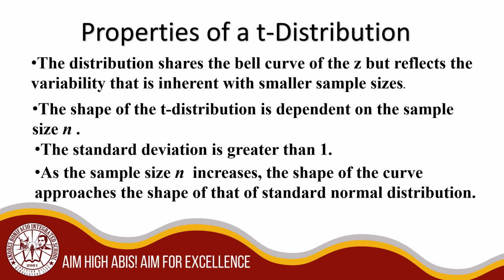So pag lumalapit na siya sa 30, yung shape ng curve ng isang t-distribution ay nagiging halos katulad na ng shape ng curve ng standard normal distribution.